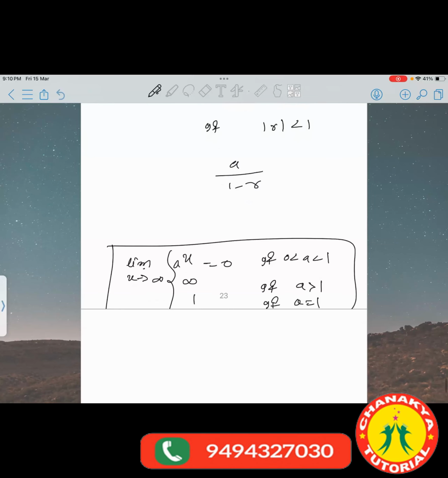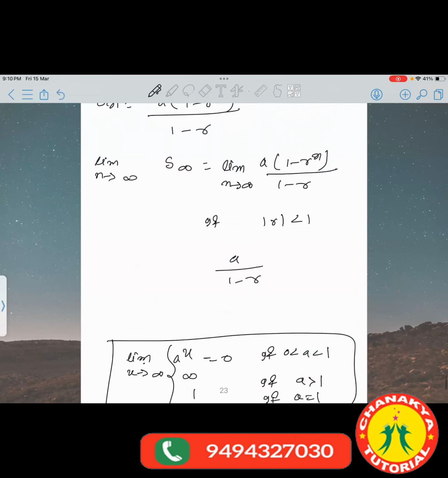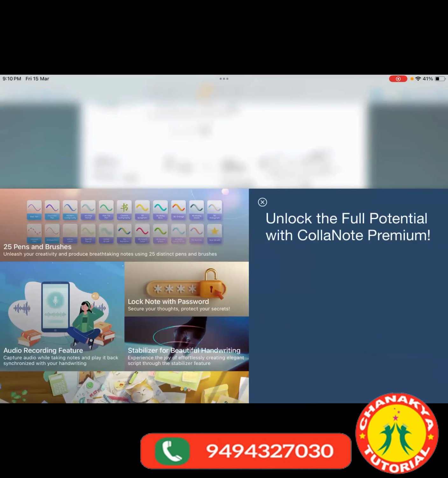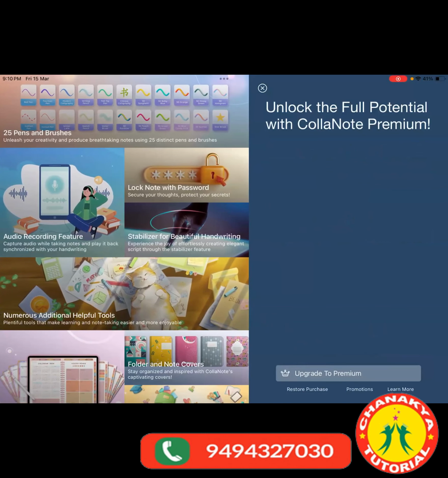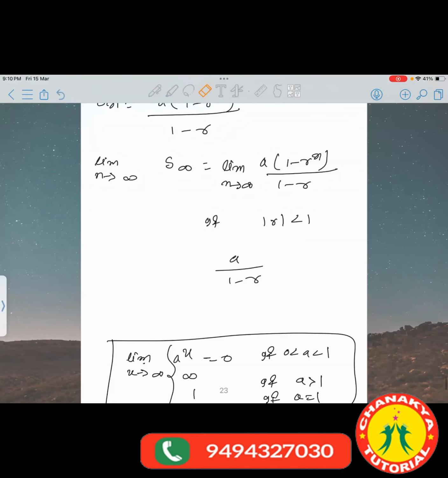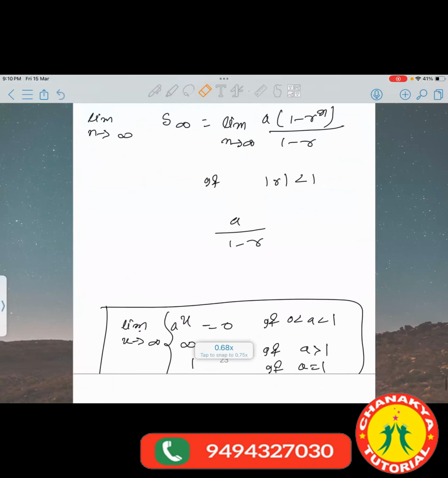So here the base is r, and S infinity is only valid for r lying between -1 and 1. So S infinity is valid only for mod of r less than 1.